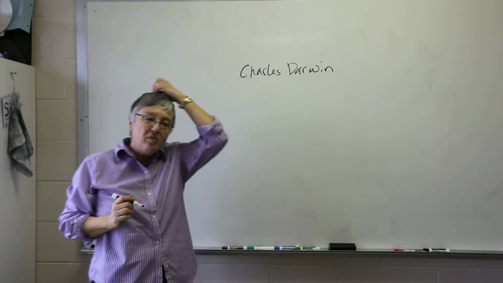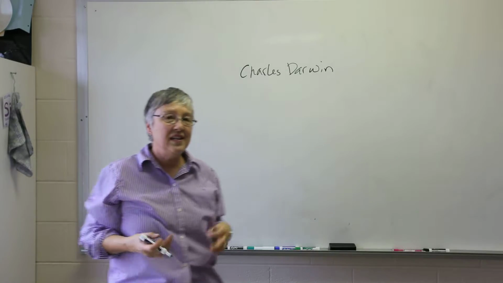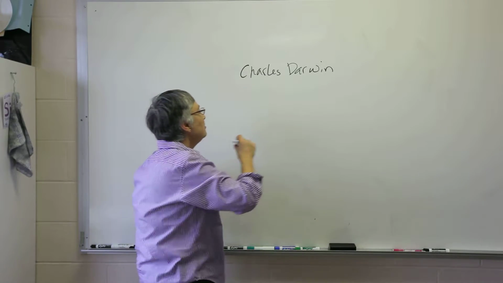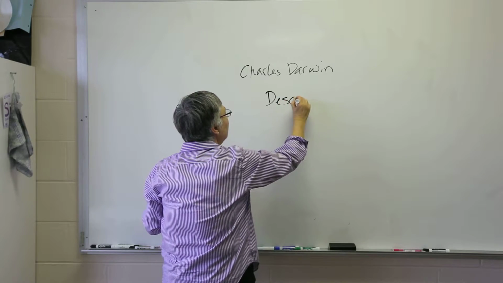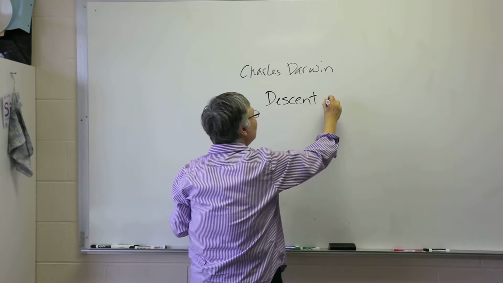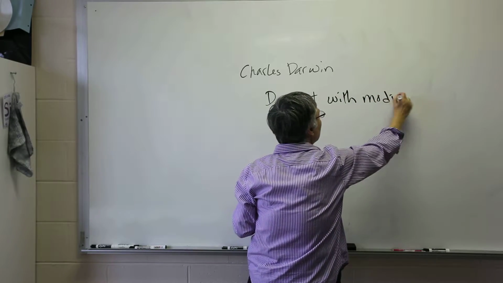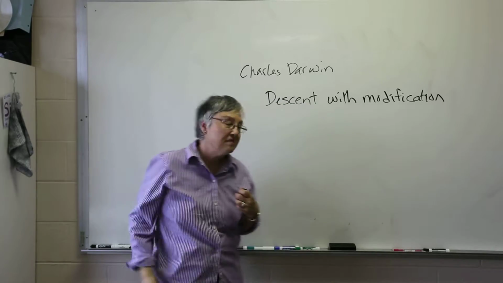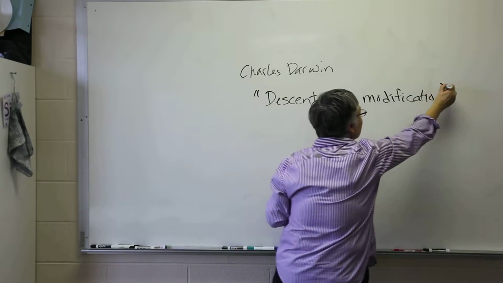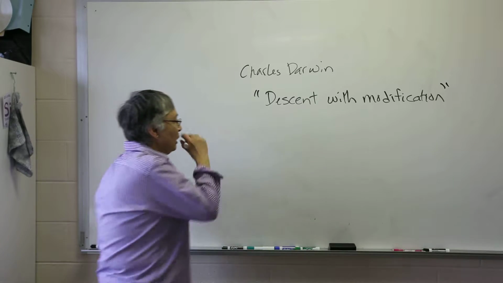As I mentioned, Darwin didn't talk about or use the term speciation. He actually used a different term, and that term is descent with modification. And that's from The Origin of Species.